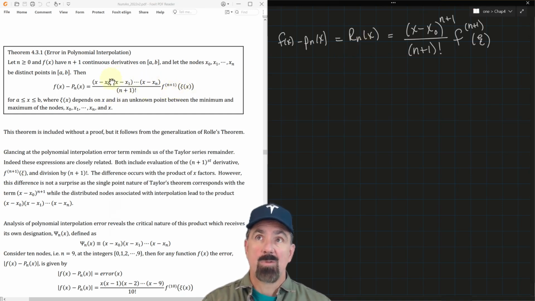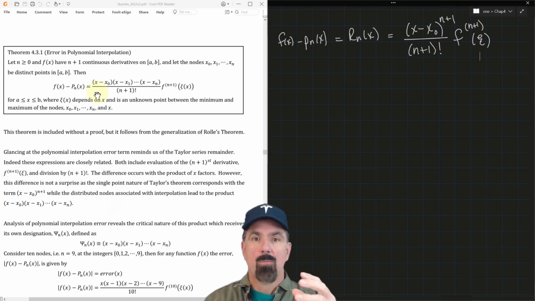So the only difference between this error term and the Taylor polynomial error term is the numerator. And that difference has to do with the fact that the polynomial interpolant is built out of n plus 1 distinct nodes. So instead of having all of the information provided by the derivatives at a single point, like Taylor polynomials, we have the information provided at n plus 1 points, but it's just function information.